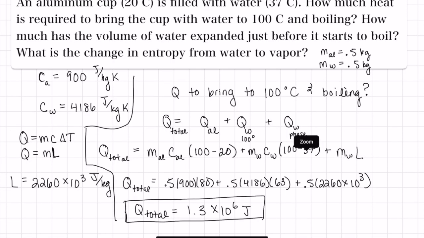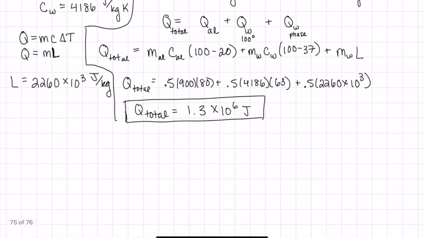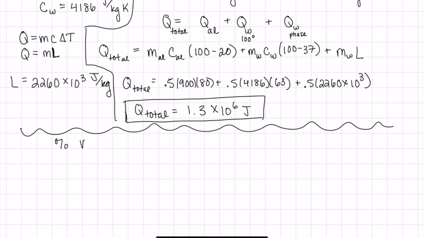Now for our next question, how much has the volume of water expanded just before it starts to boil? We're just going to look at the percentage of the total volume that it's increased. So percent volume increased is just going to be the change in volume over the original volume times 100%.